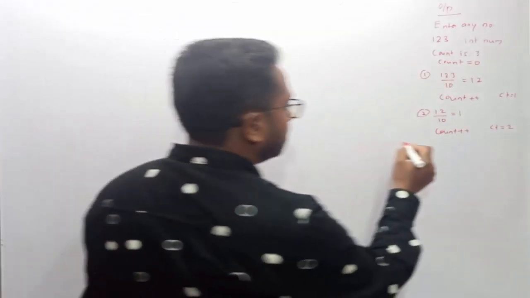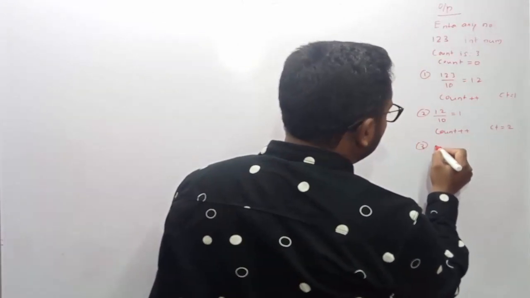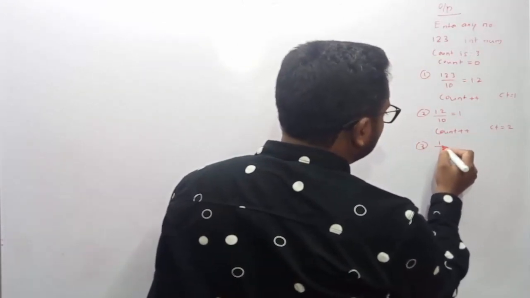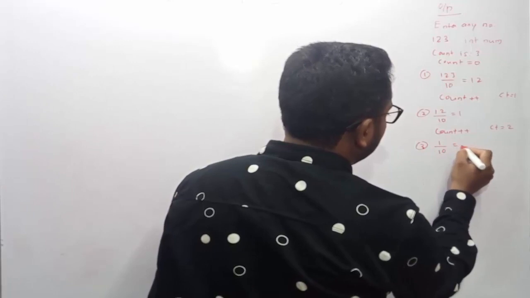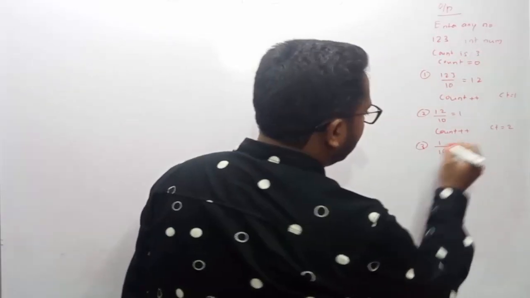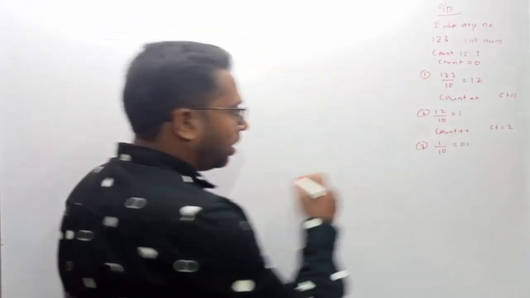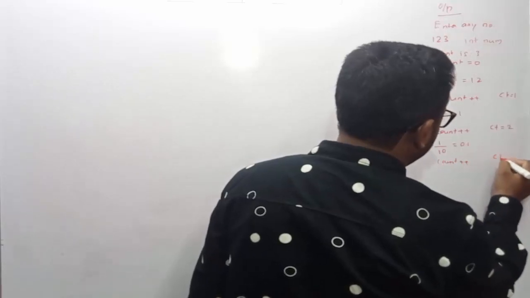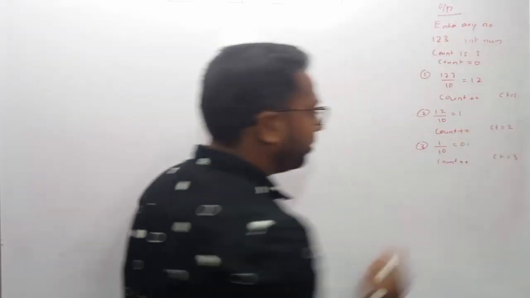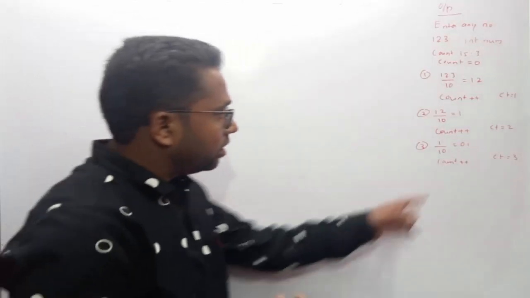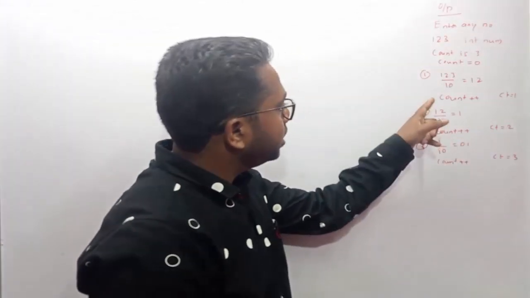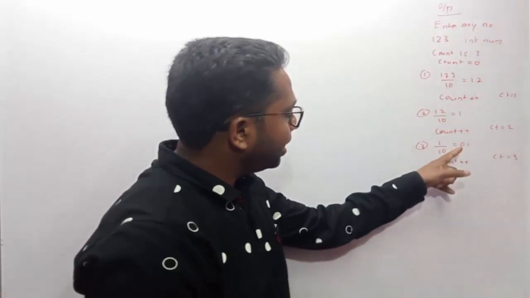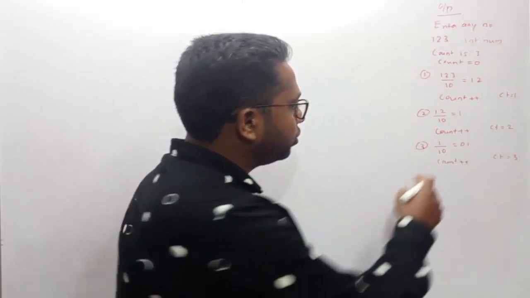Then again I will divide 1 by 10 and I will get 0.1. Again the count gets incremented by 1 and I will get the count value as 3. Now you can see initially the value of num was 1, 2, 3, and now the value of num has changed to 0.1.